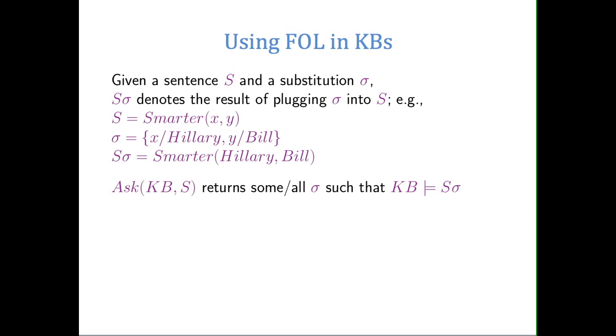So in general, in using first order logic and knowledge bases, given some sentence S and a substitution sigma, S sigma denotes the result of plugging this substitution sigma into S. For example, if S is the sentence smarter(X, Y), meaning X is smarter than Y, and sigma is a substitution of Hillary for X and Bill for Y, then S sigma is smarter(Hillary, Bill), so that X and Y are bound to Hillary and Bill respectively.